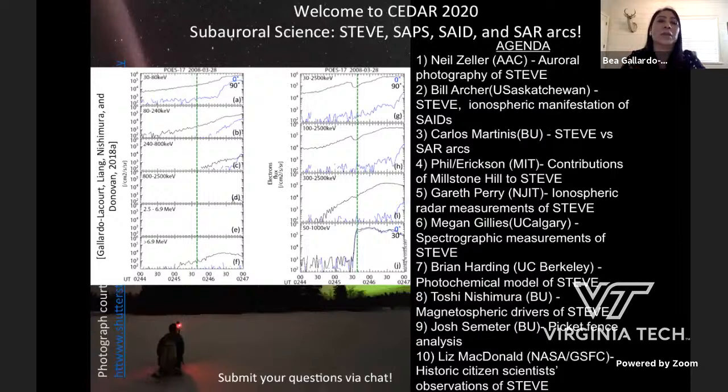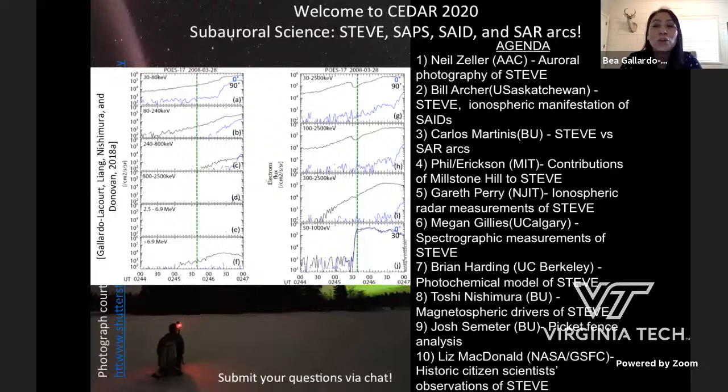In general, also at the beginning, we had one study showing that Steve was not related to particle precipitation. So it wasn't formed like we know aurora forms. So hopefully Megan will tell us some of the characteristics that Steve has in the spectrographic measurements of Steve. And then Brian will tell us how the photochemical model can reproduce Steve.